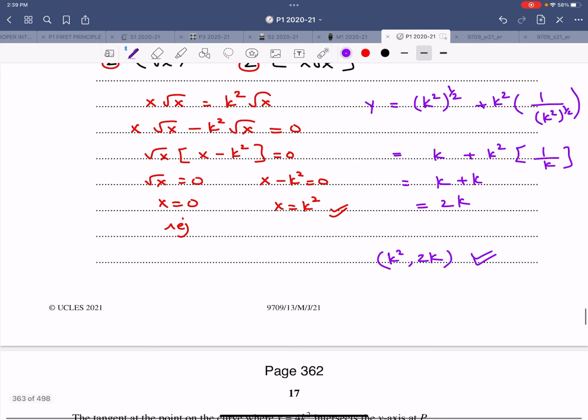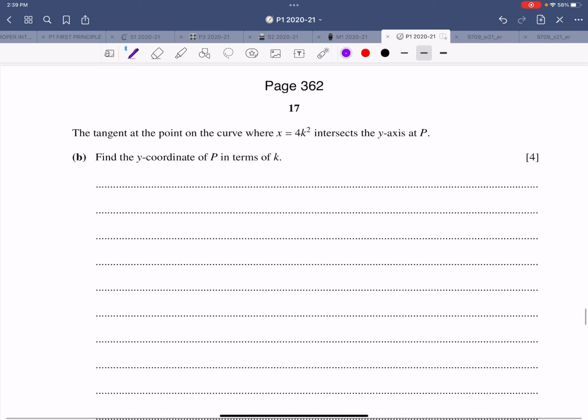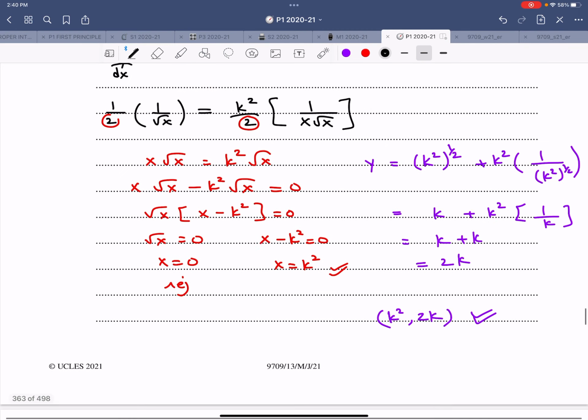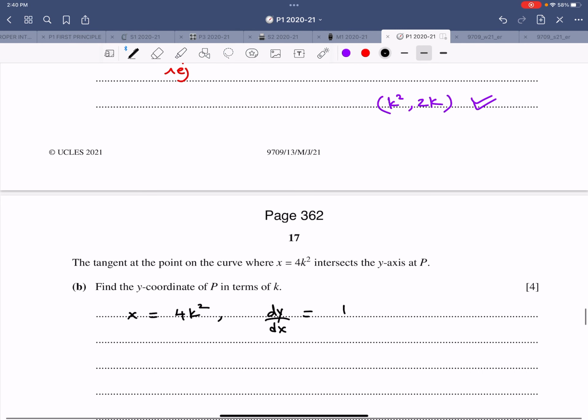The tangent at the point on the curve intersects the y-axis at P. Now, this is the point when x is 4k square. What is dy by dx? dy by dx is 1 over 2, 1 over root x. First, let me write it like this.